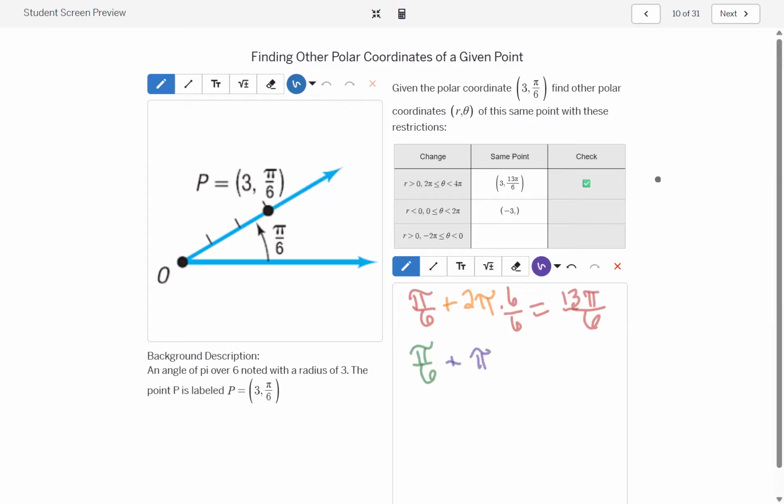That's because with the negative radius, we're going to move backwards. So I need to not look at pi over 6, but I need to look at the angle that's backwards, the opposite direction. So I add pi radians. And then again, we multiply by 6 over 6. So that gives us 7 pi over 6.